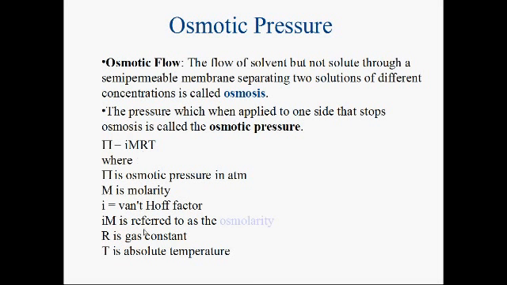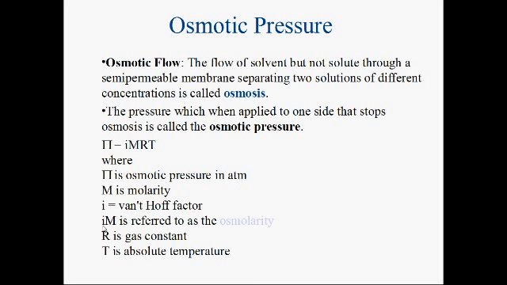And the gas constant isn't written down here, but it's 0.08206 liter atmospheres per mole Kelvin. So liters and moles will cancel off with molarity, giving us our osmotic pressure in terms of atmospheres.